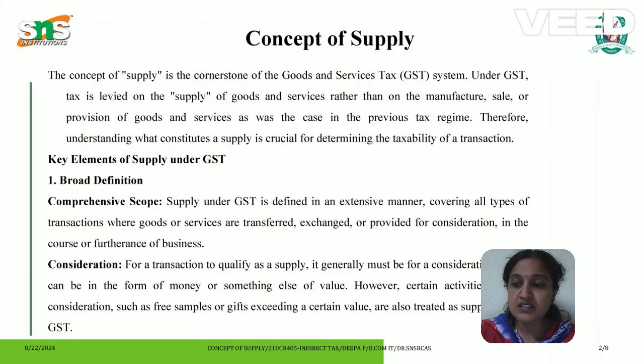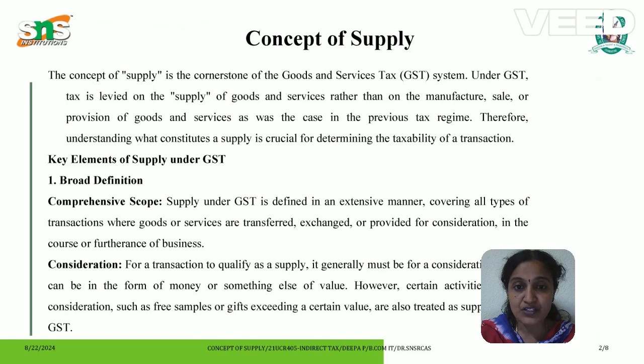Broad definition. Supply under GST is defined in an extensive manner, covering all types of transactions where goods or services are transferred, exchanged, or provided for consideration in the course or for furtherance of business.